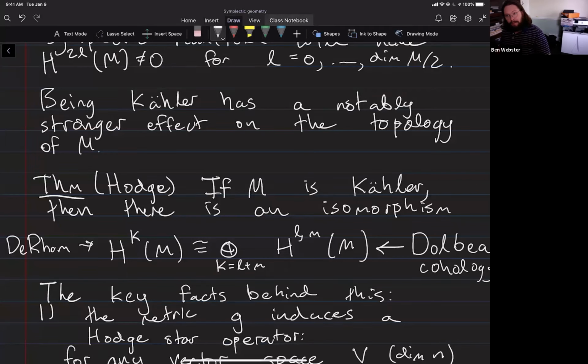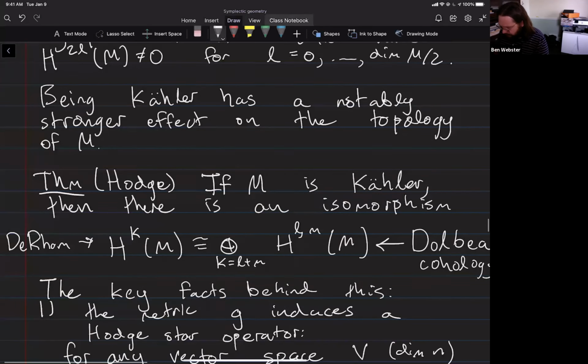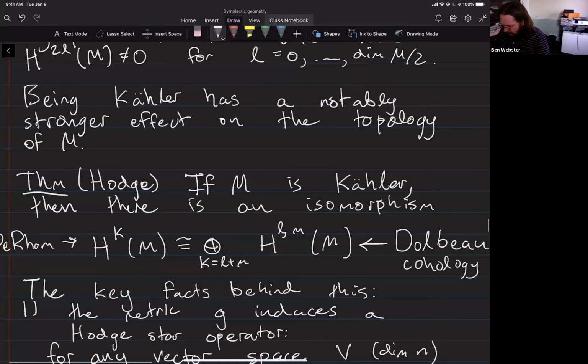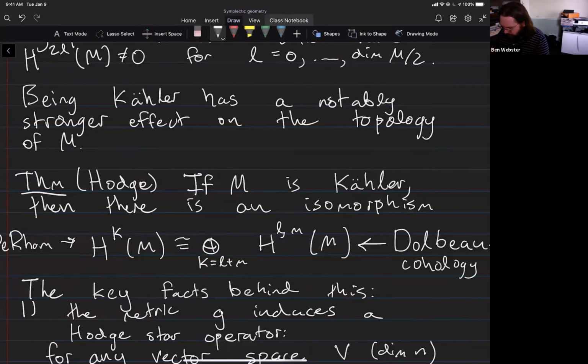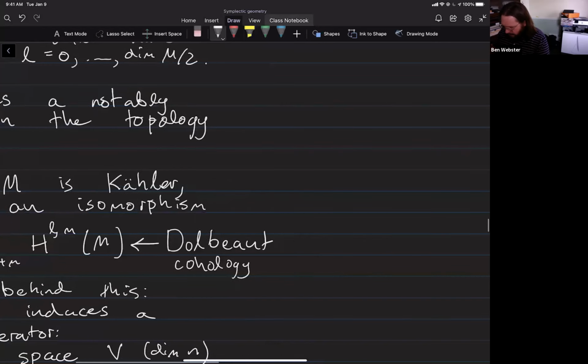So the de Rham cohomology in some degree k is just equal to the direct sum of the Dolbeault cohomologies where the pair of indices sum to k. And I'll say more about this later.